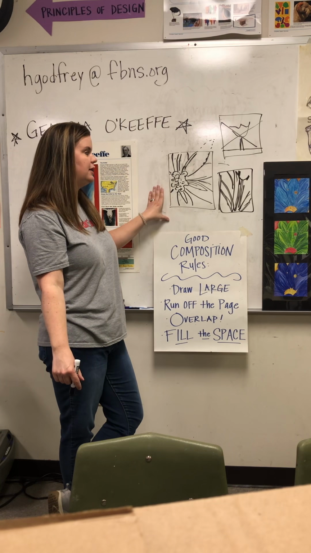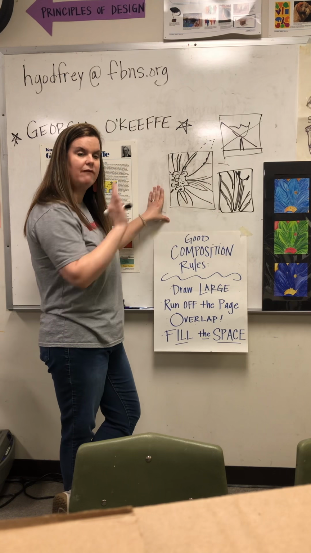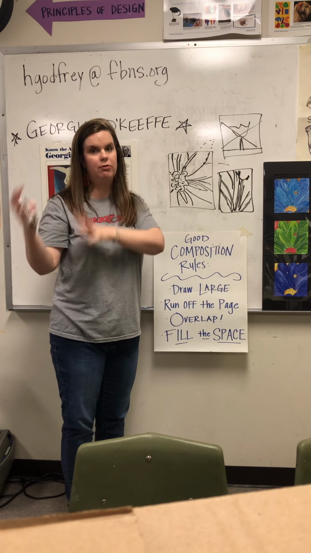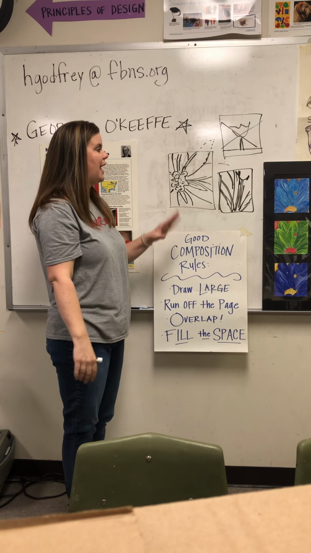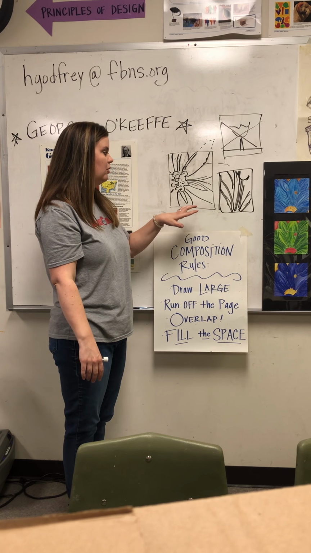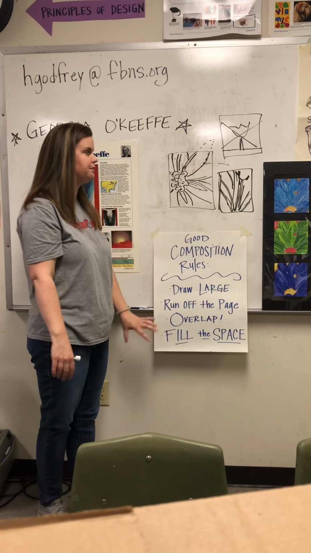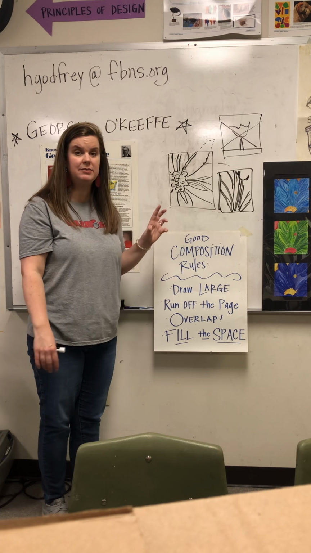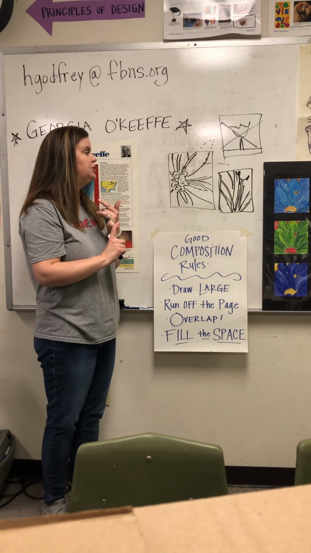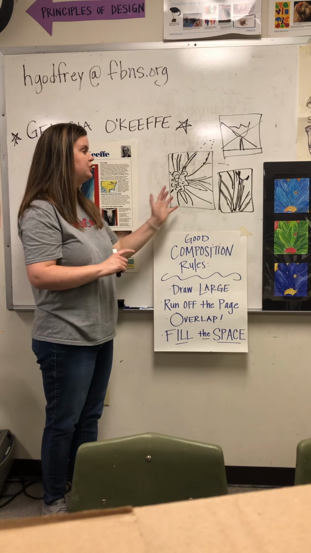Now, this project is for all ability levels. So I'm obviously going to see differences in students who are in Art 1 versus students who are in Art 3. But I expect this to have lots of great composition, that you're following these compositional rules, and also that you are attempting to show the effects of shading with color through color changes.